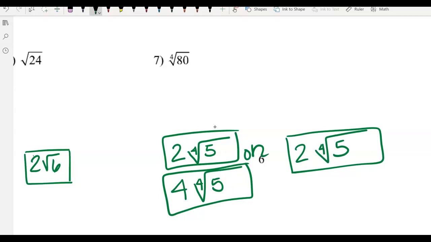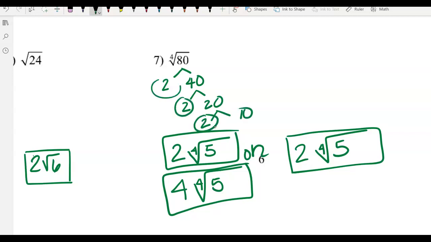Obviously, 2 of them are the same. 80, y'all. Did you guys factor it down? I know it's 2 times 40, right, guys? 40 is 2 times what? 20. 20 is 2 times what? So I got those primed already. And then 10 is what? All right. So how many 2's do we have? 4 2's.